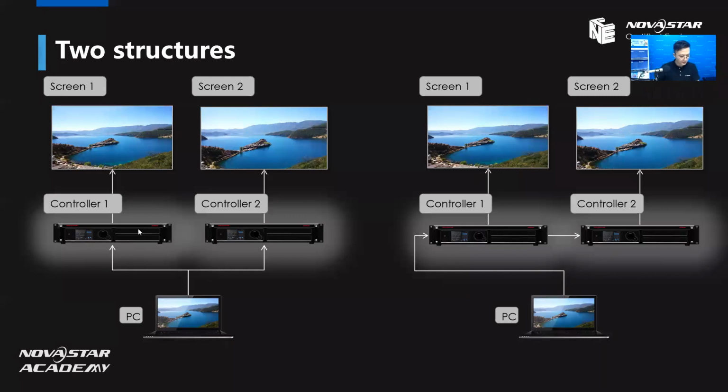So the first structure is non-cascaded units, and here is cascaded. The cable is a USB cable. Basically, Novastar controllers use a USB cable to cascade the controllers. So these two situations will have different software settings. That's why I showed these two different situations for you.